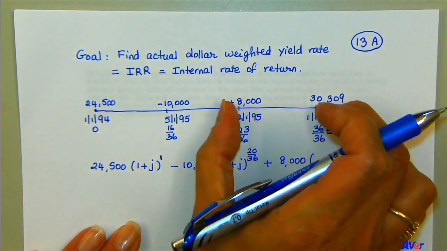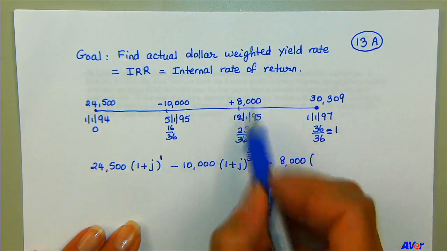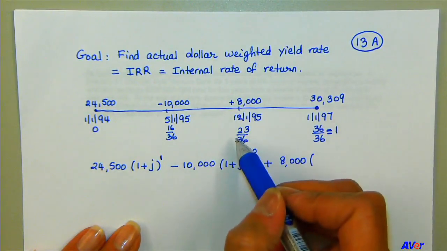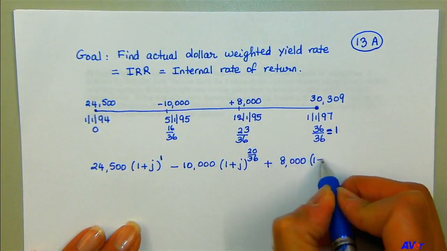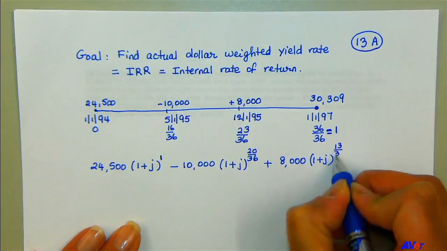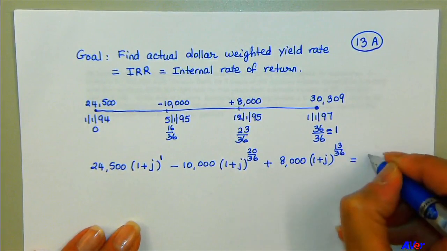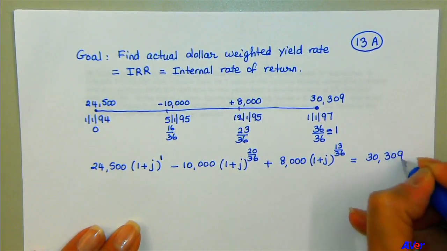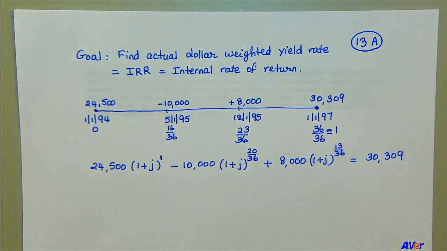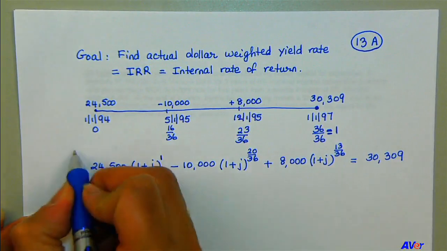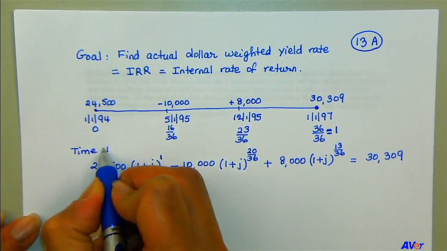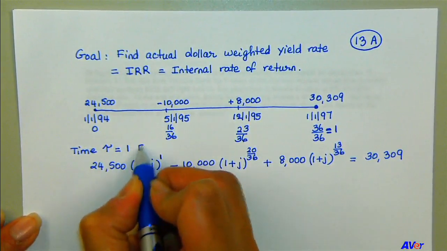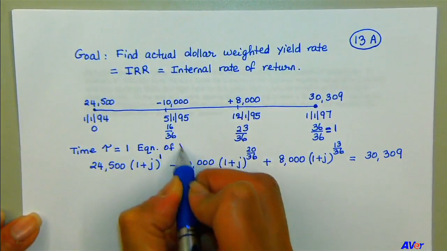How long does 8,000 have to grow if you are sitting at 23 out of 36? 13 out of 36, equals 33,009. So this is the time what equation of value? Time tau equals 1, equation of value.